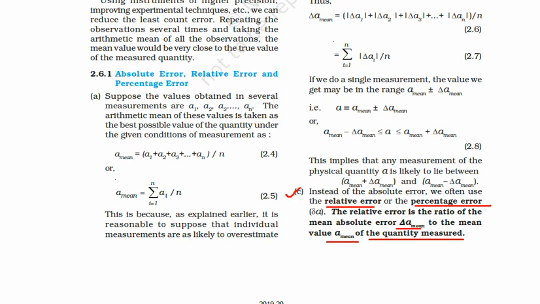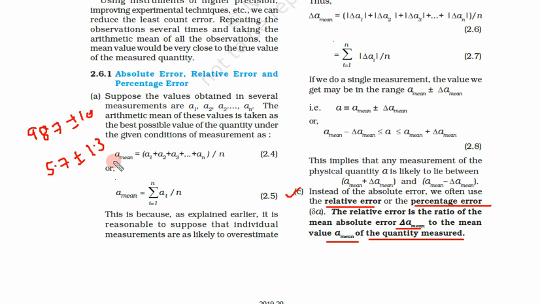Because suppose a quantity is very large, suppose 987, and the error is suppose plus minus 10, and we have a very small quantity, suppose 5.7, and here the error is plus minus 1.3.